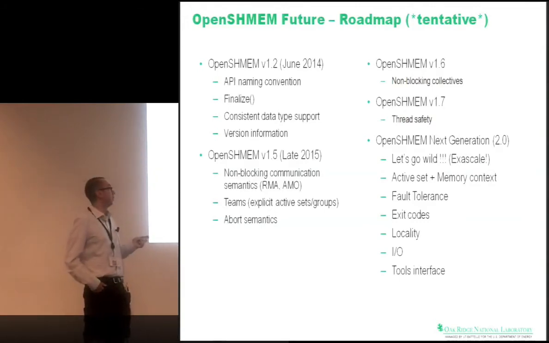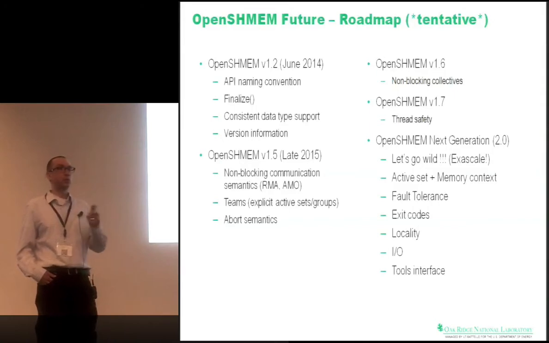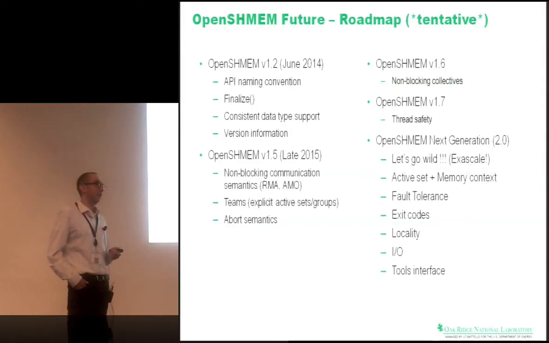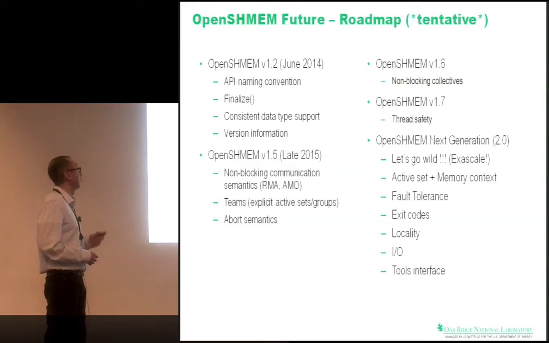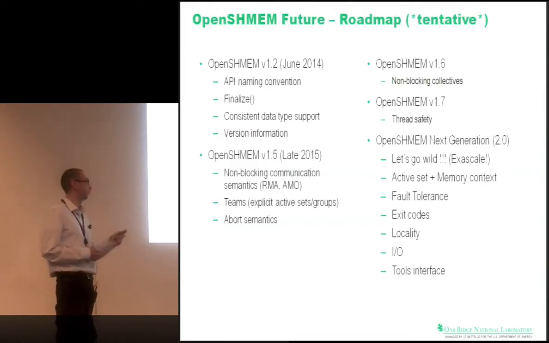Again, if you have any ideas, you may go to openshmem.org, to the Redmine website. We have a form where you may essentially put requests for extensions. So if you have ideas, if you're interested, please go and do so.